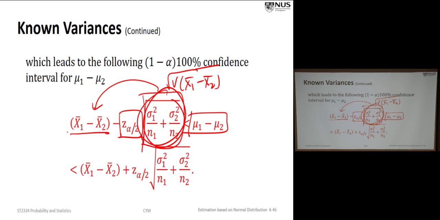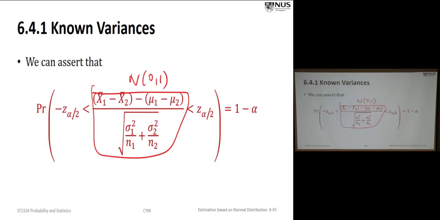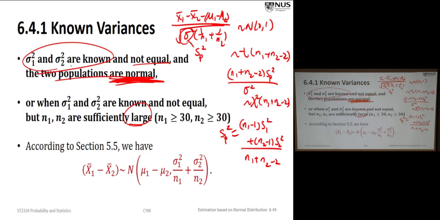But if the sample size is big, all right, okay, here, sorry. In this part, I did not mention anything about normal. I just need a big sample size, all right? So I can still use this formula, okay?